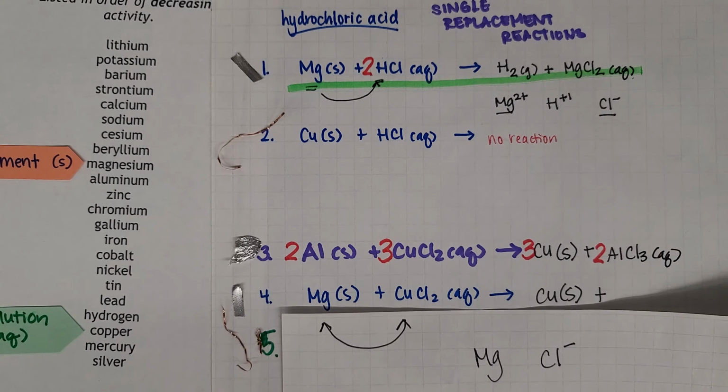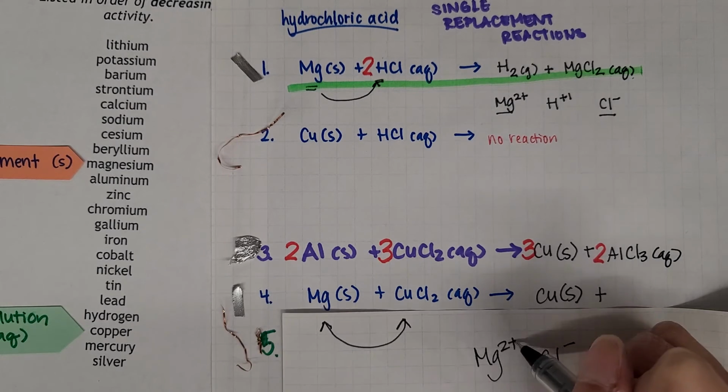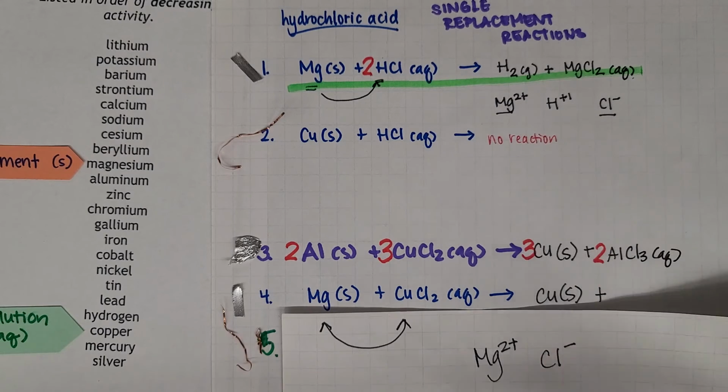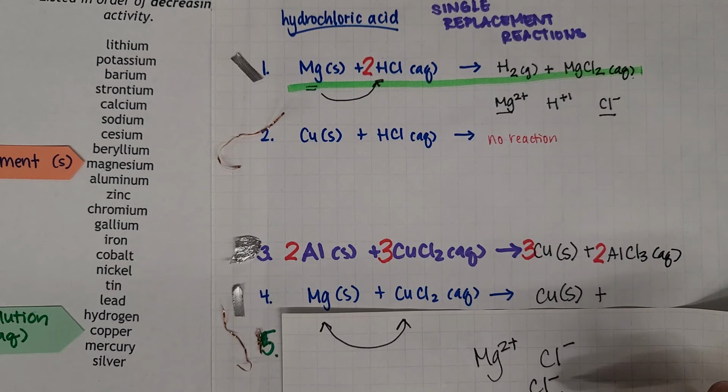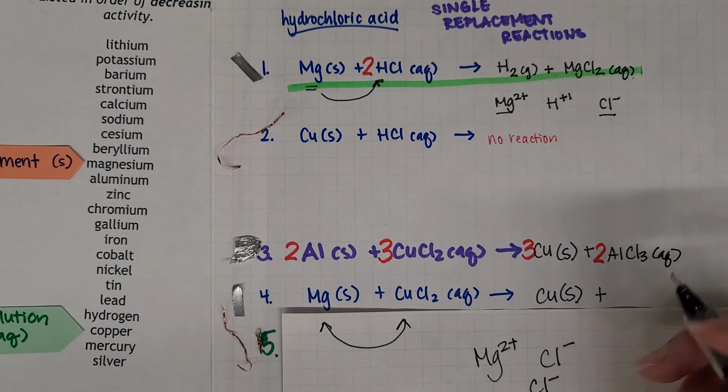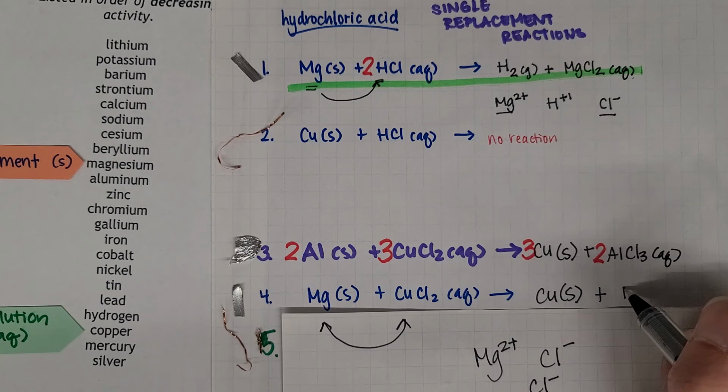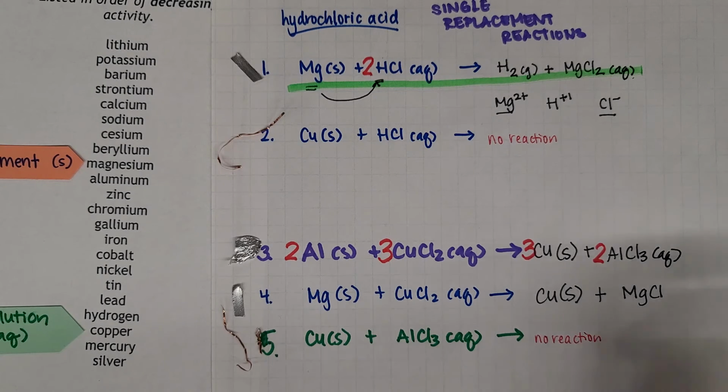Chloride had a charge of -1. Magnesium, mentioned earlier, has a charge of +2. So if these guys are going to form an ionic bond, you would need 2 chloride anions for every 1 magnesium cation, to balance the charge to be neutral, to be 0.